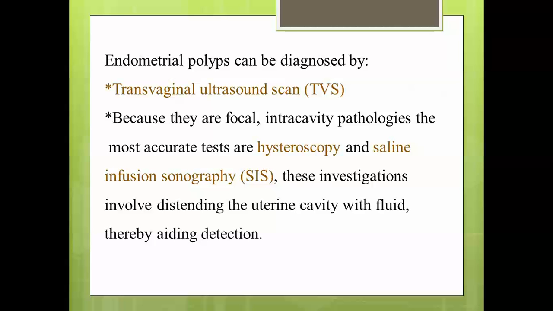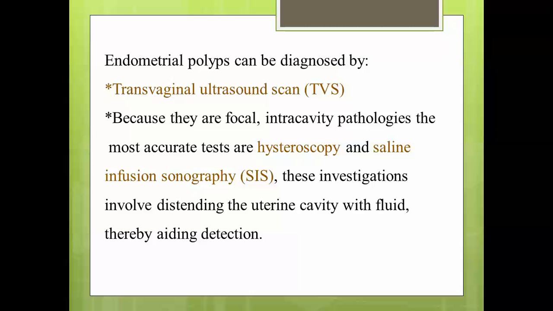So the two important investigations that will help us in the diagnosis of polyp are, first, hysteroscopy. In hysteroscopy, we directly examine the endometrial cavity and the cervical canal, so we can see the polyp and also discover many polyps which are small, and the hysteroscope will help us to take a biopsy, so it can be diagnostic and therapeutic at the same time.